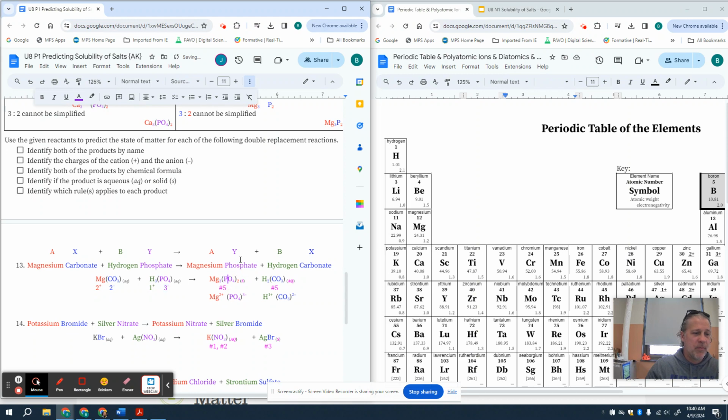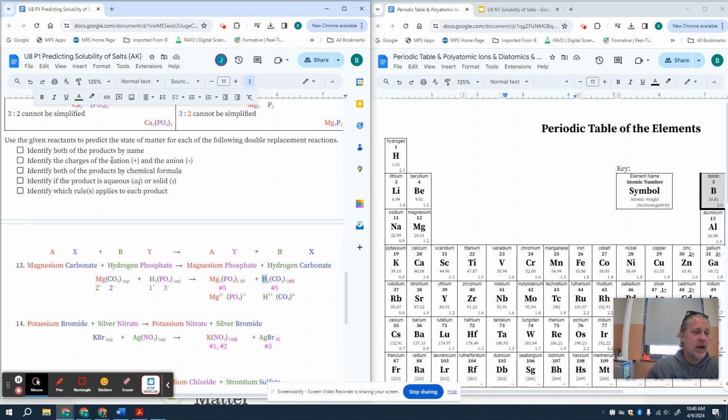Carbonate on the left side is CO3, so carbonate on the right side is CO3. And lastly, hydrogen on the left side is H, and hydrogen on the right side is H as well.